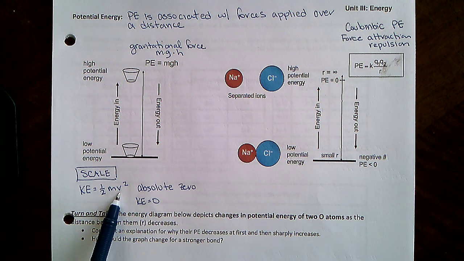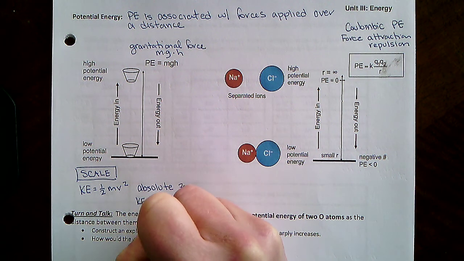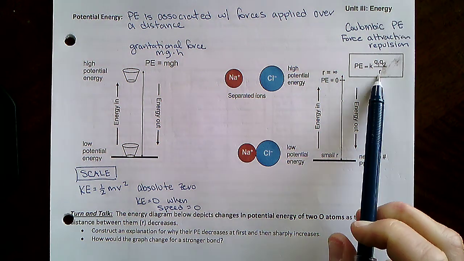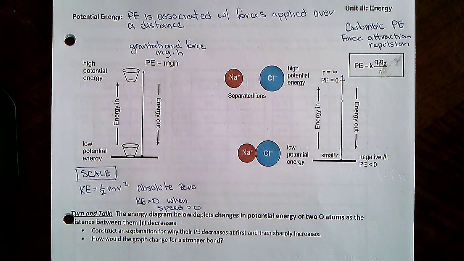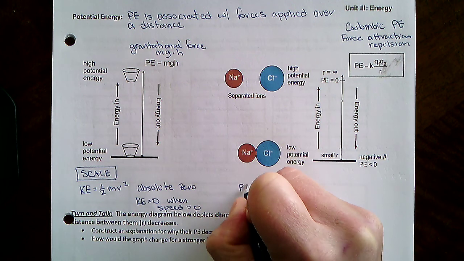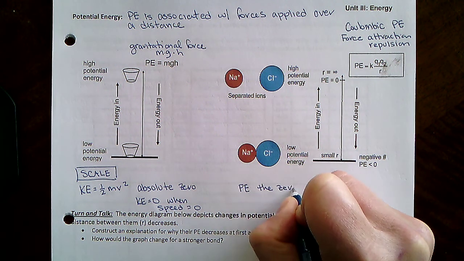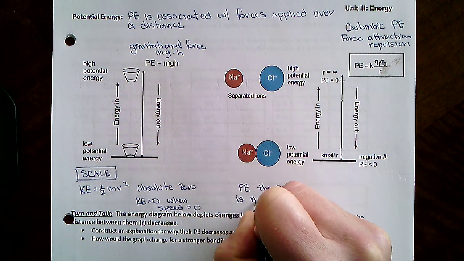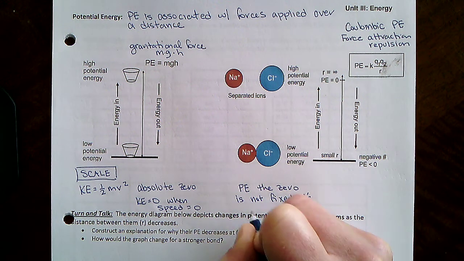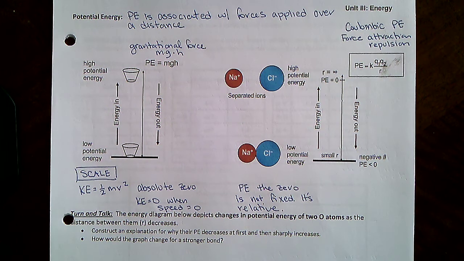When the speeds of the molecules equal zero. Potential energy, though, has no absolute zero. So for potential energy, the zero is not fixed. It's relative. What do I mean by that?